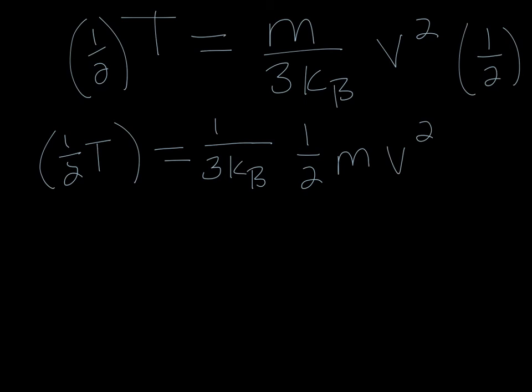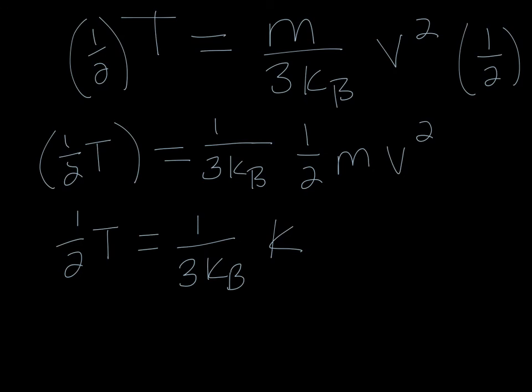Take a look at that for a sec, pause the video if you need to. I just stretched out the numbers and rearranged them slightly. So now I've got 1/2 T is equal to 1/3 times the Boltzmann constant times kinetic energy.